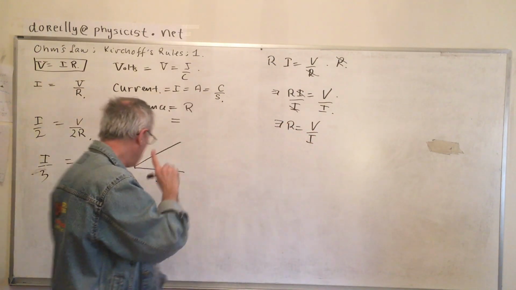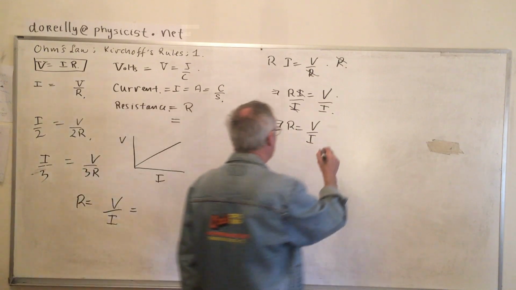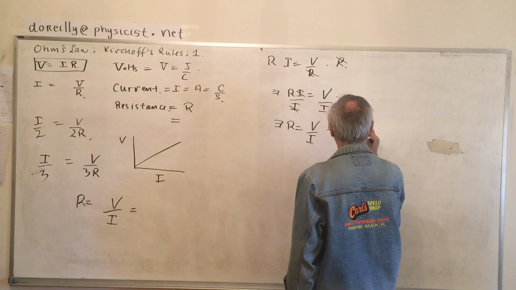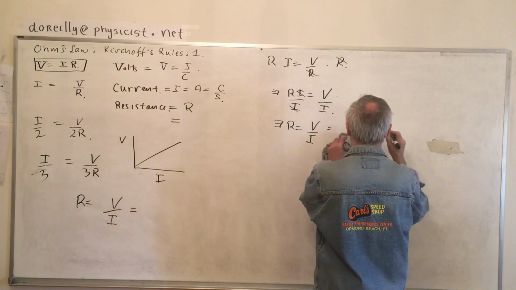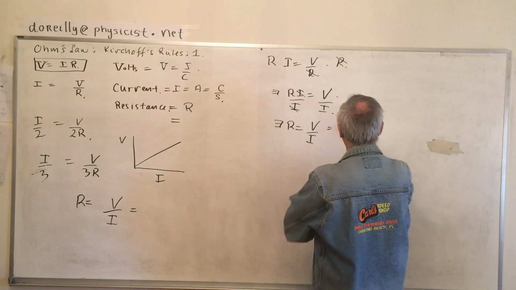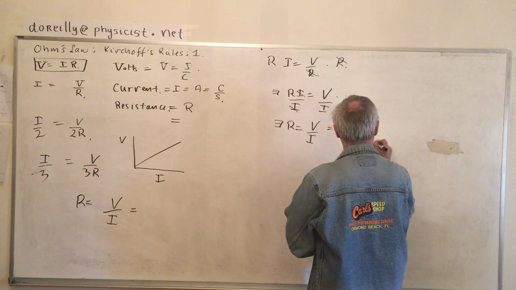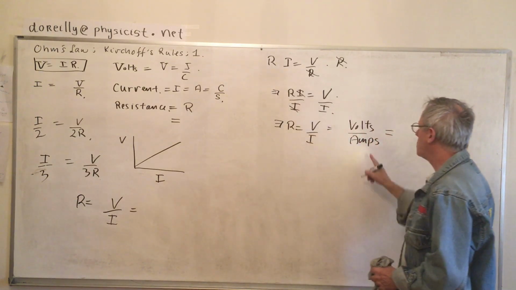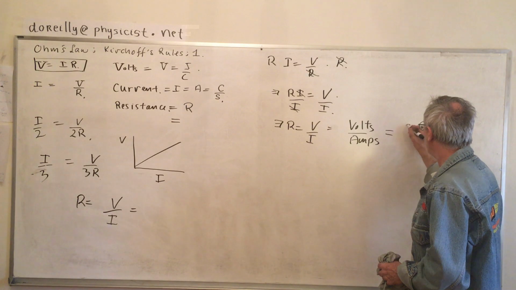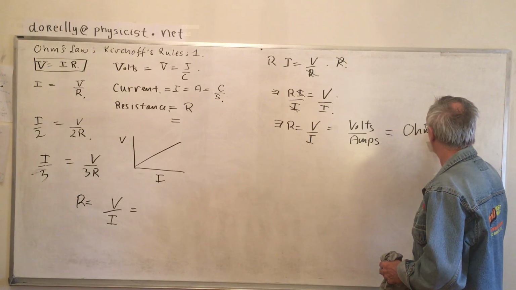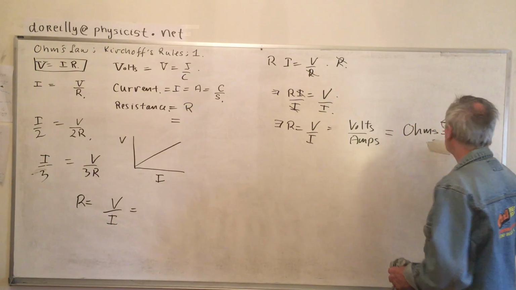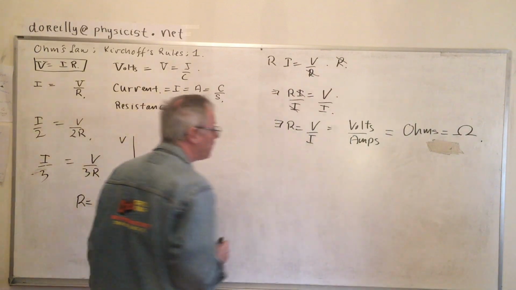So that our resistance R is V over I. Now V is volts and I is amps, and we'll call these ohms. And that's the Greek letter omega, the symbol for ohms.